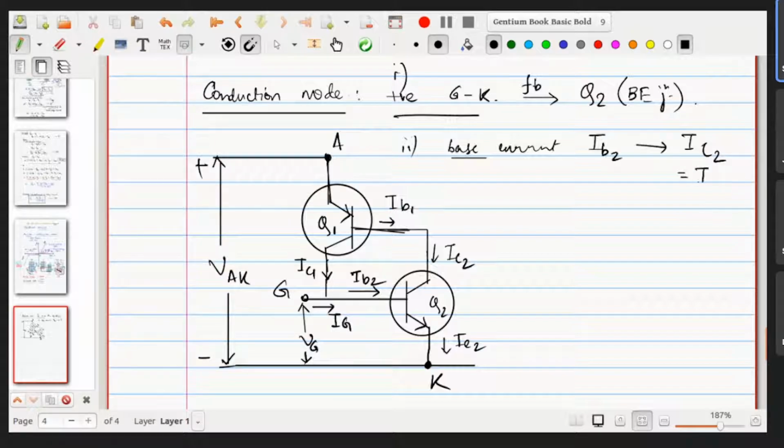Now what is IC2? IC2 is the same as IB1. So if you are having some IB1, automatically Q1 switches on. And if Q1 is switched on, it is now going to produce this IC1, which now provides IB2.